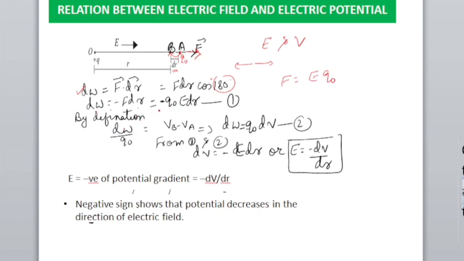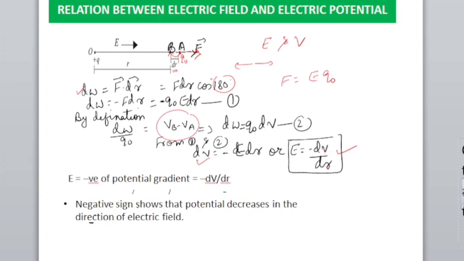By definition, you know the potential difference between A and B is dW by Q naught equal to VB minus VA. You can write this difference as dV. So from here dW equals minus Q naught dV, equation 2. Now from 1 and 2, dV equals minus E dr, or E equals minus dV by dr. This is a very important formula to remember. E is the negative of the potential gradient.